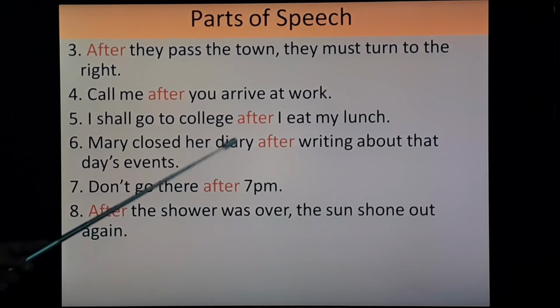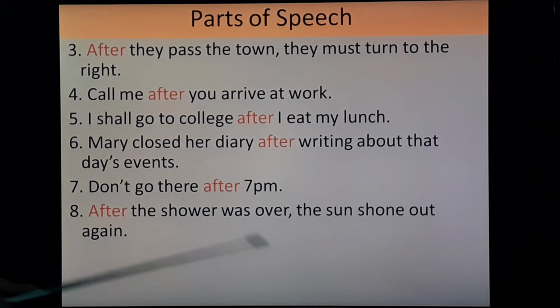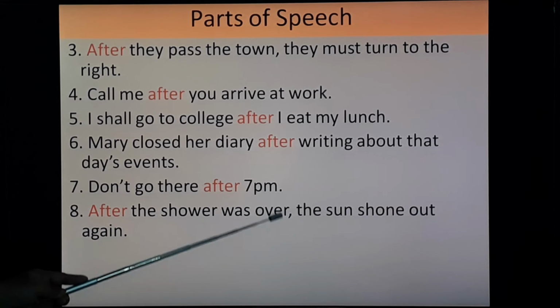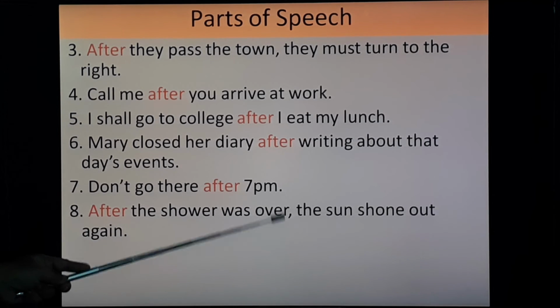After the shower was over, the sun shone out again. So here after is mentioned in the beginning, and that's why you need to put a comma, because we take a slight pause when we use after in the beginning. That's why the punctuation mark is needed.